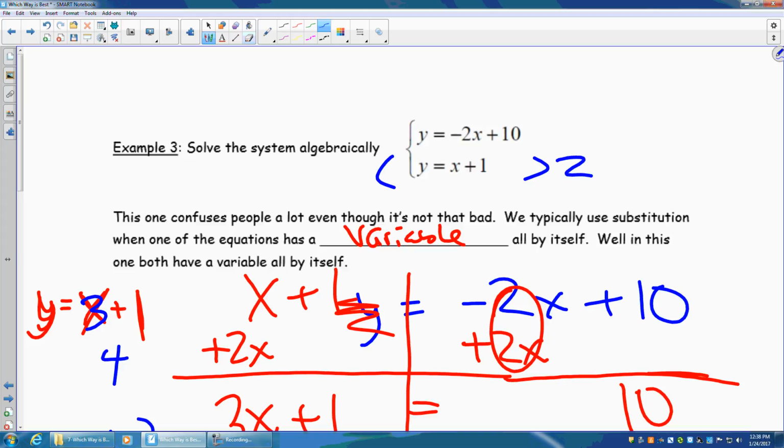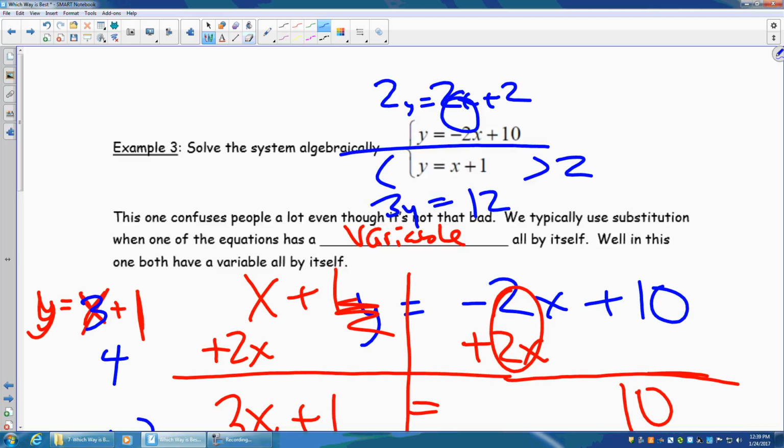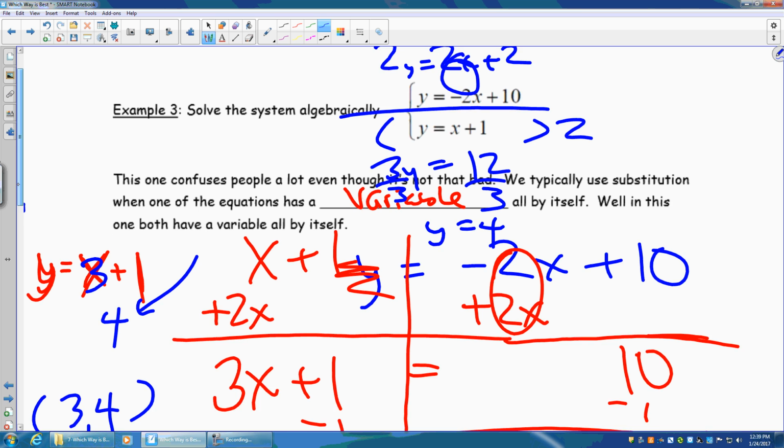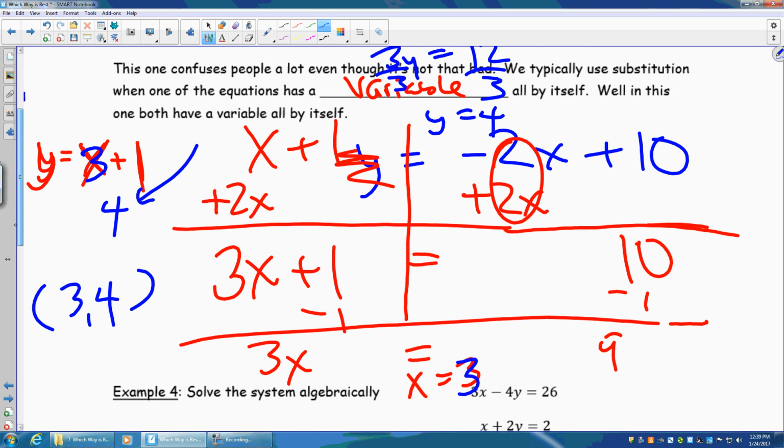Well, obviously I could multiply it by 2, making, I'm going to write it up on top here, 2y is 2x plus 2, and when I add them together, I end up getting 3y is 12. Divide both sides by 3, and we end up getting y is 4. Okay? So we end up getting the same answer if we do it that way.